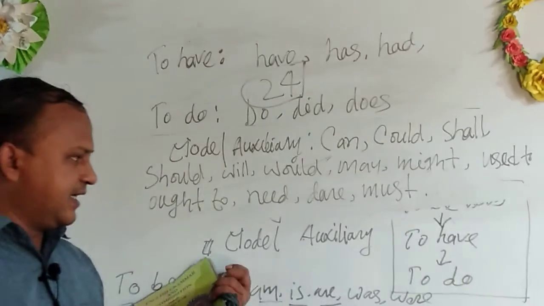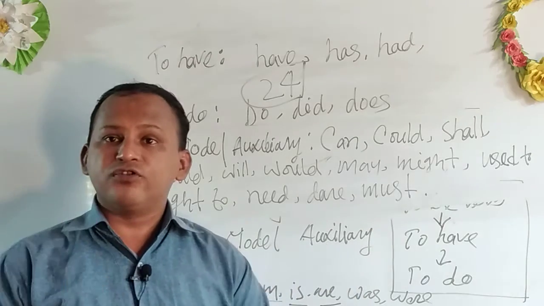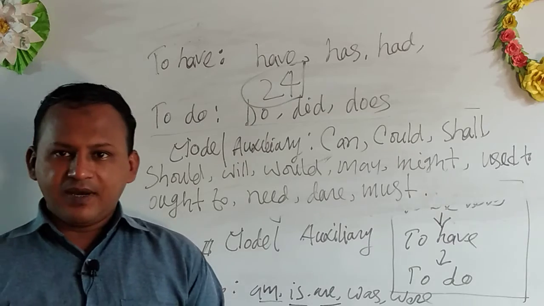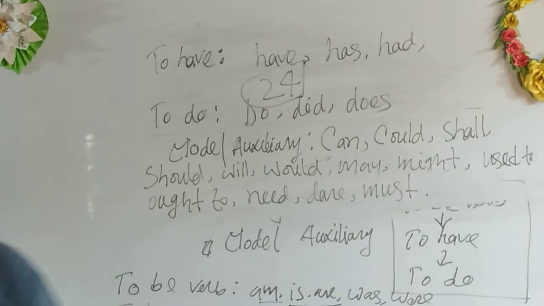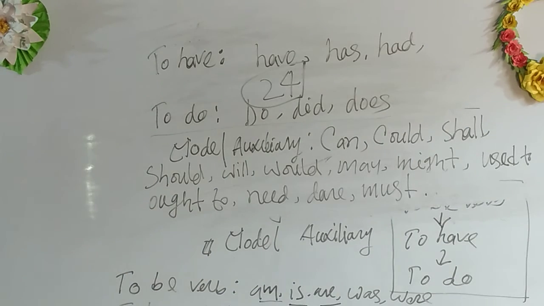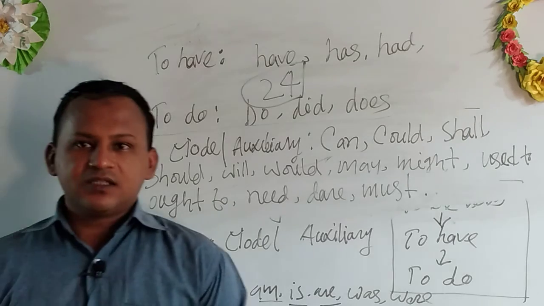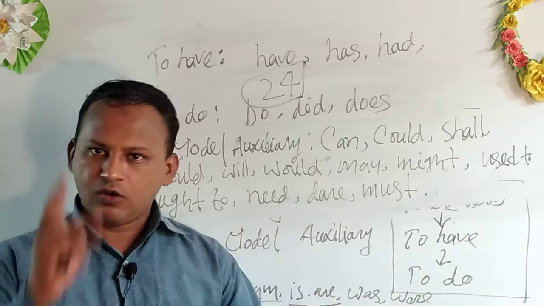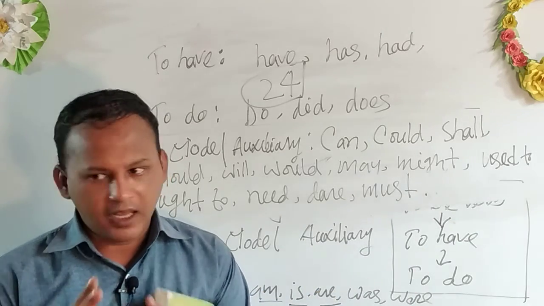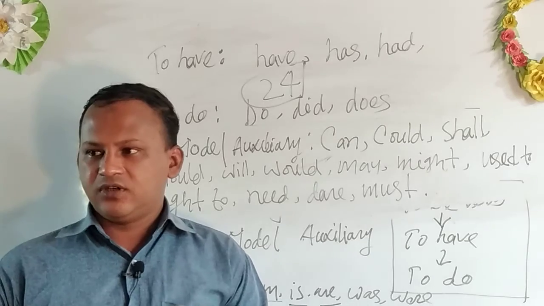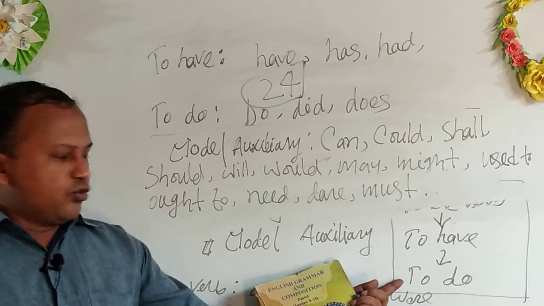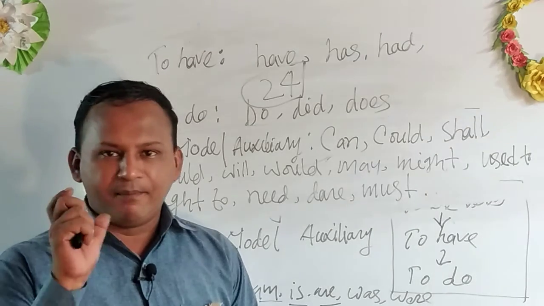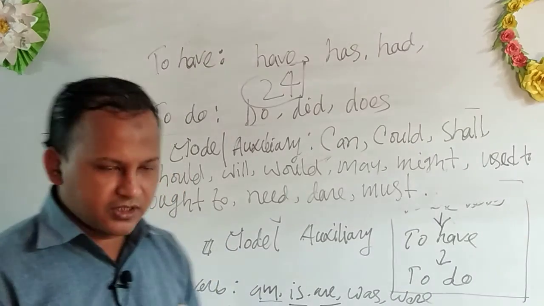Notice that the to be verb consists of five members: am, is, are, was, were. And the to have verb consists of three members: have, has, had. And the to do verb consists of three members: do, did, and does.